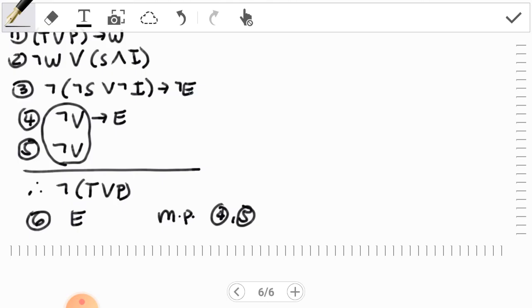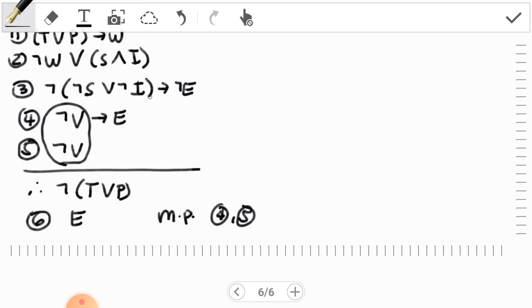Okay? Not E. And then, okay, E. This is an implication. E is the negation of the second part of the implication here.